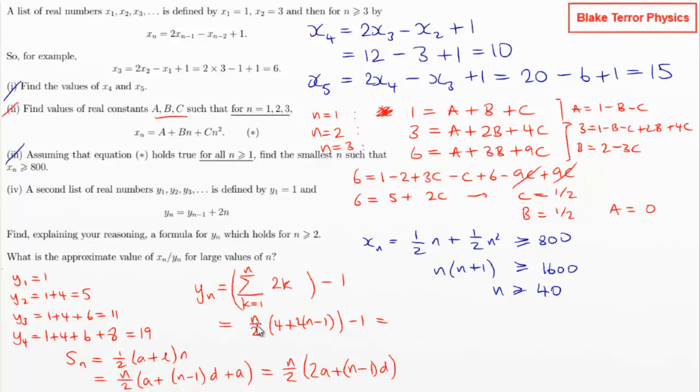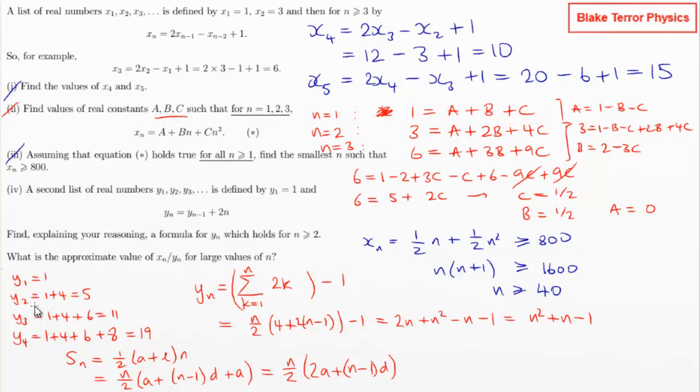So that is 2n, then I've got n squared plus n squared, then I'm taking off n, and then I'm taking off 1. So that is coming out at n squared plus n minus 1. Right, that's yn.